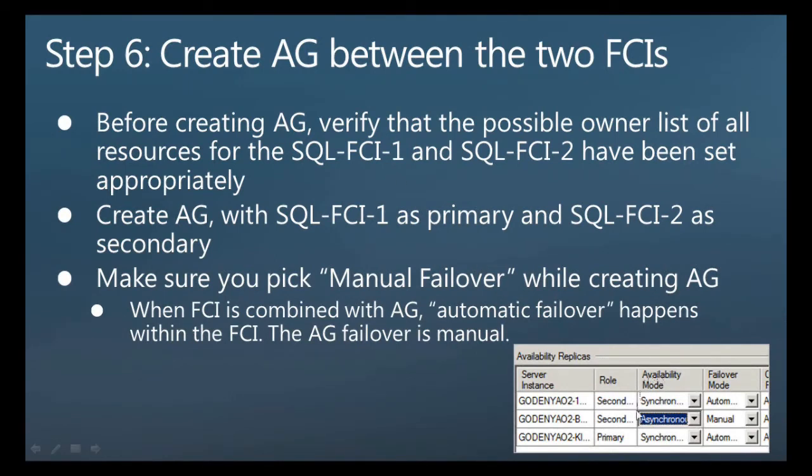You will not be able to see automatic failover, as you can see here in the screenshot, which I copied from standalone instances. By design, when an FCI is combined with an AG, automatic failover will only happen within the FCI. So from the AG level, there's no automatic failover. There's only manual failover you can choose.